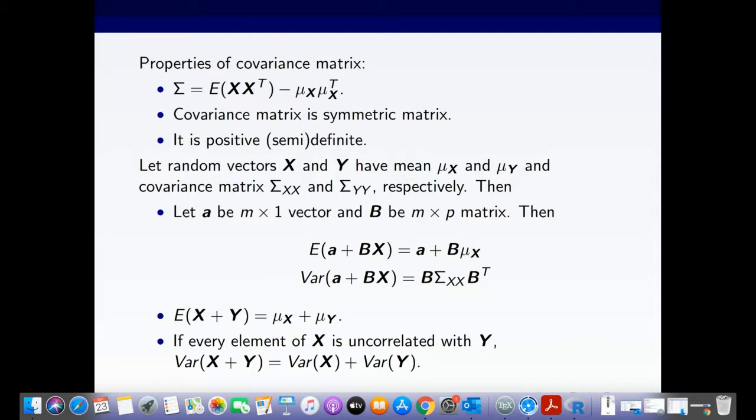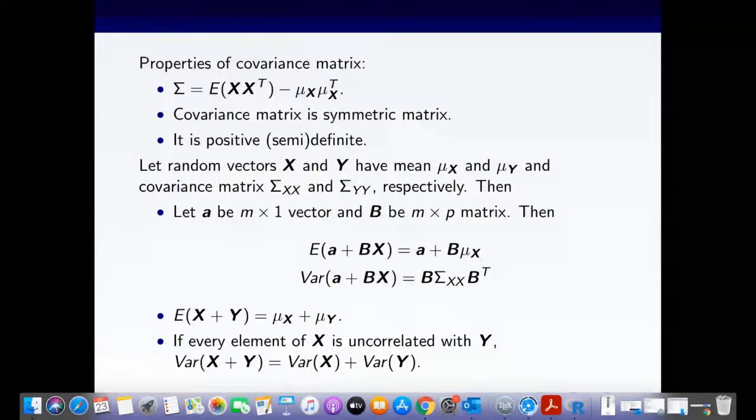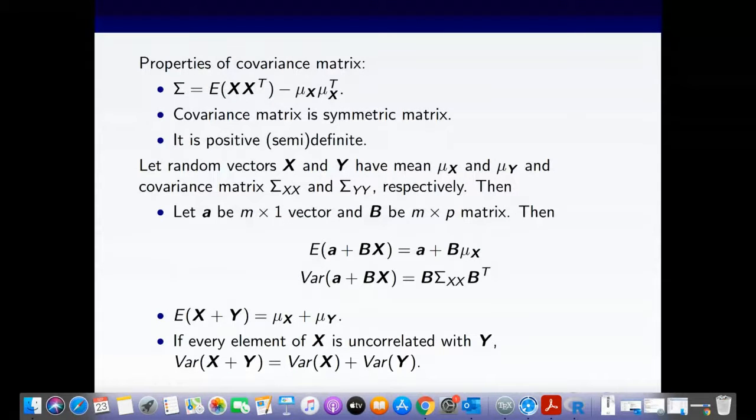Then there are many good properties of the covariance matrix, for example, the eigenvalues are positive, and so on. But for this course, I think it's enough to know that it's symmetric and positive definite to understand the materials in this course.